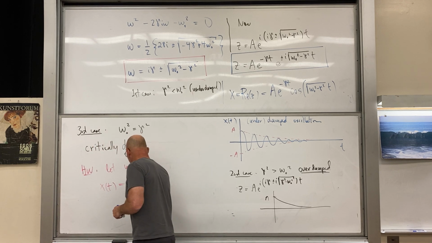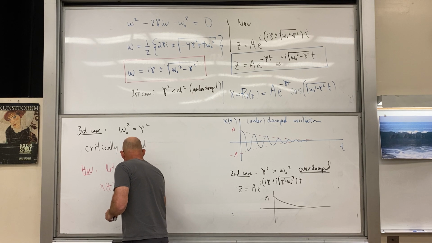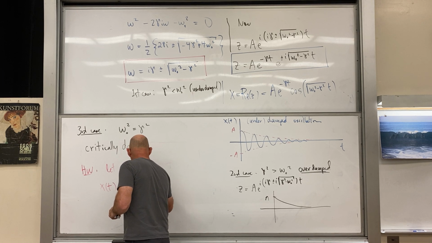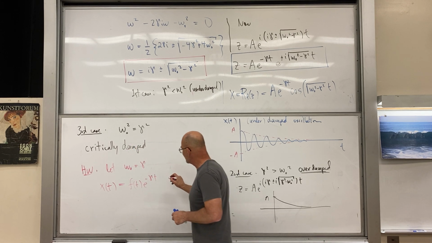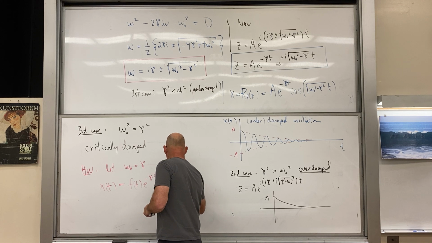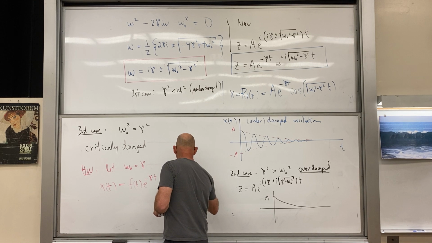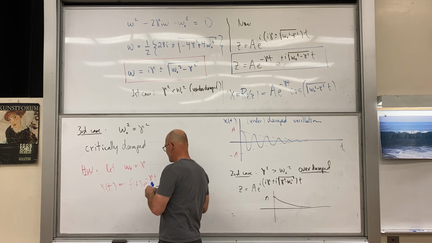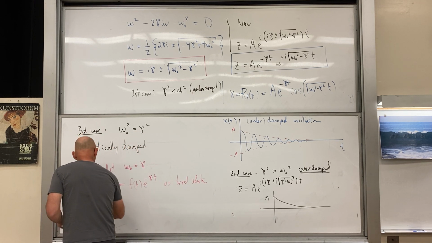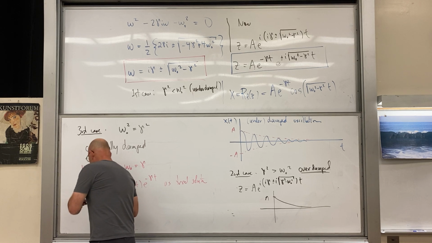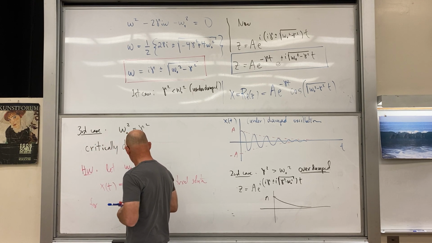Let x of t equal some function of t times e to the minus gamma t as your trial solution, and take this as trial solution for our differential equation.